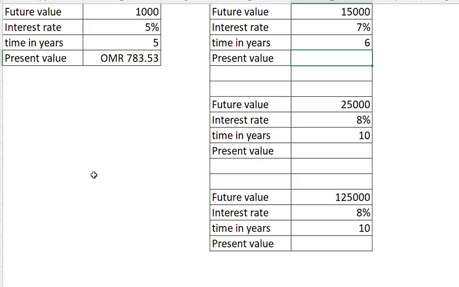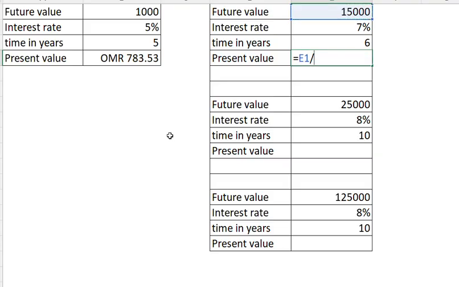Similarly, we will practice another question. Again, we want to find out the present value. If I want 15,000 after 6 years at 7% rate of interest, what should be the amount which I should invest today? So I will put the formula equal to future value. I want 15,000. Click on the future value.